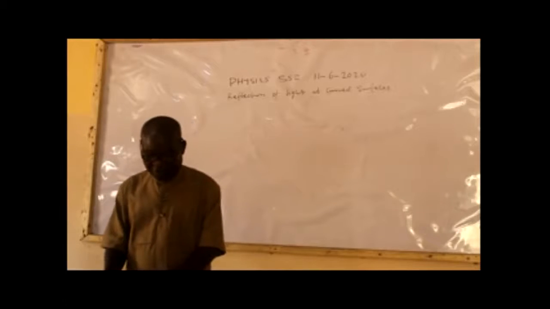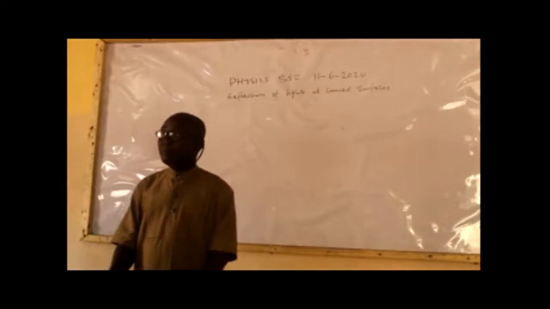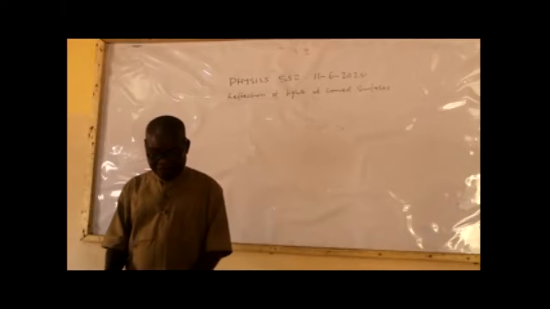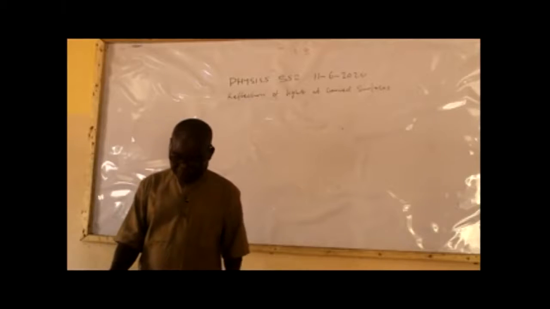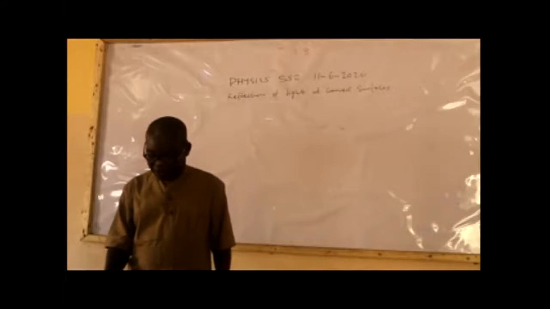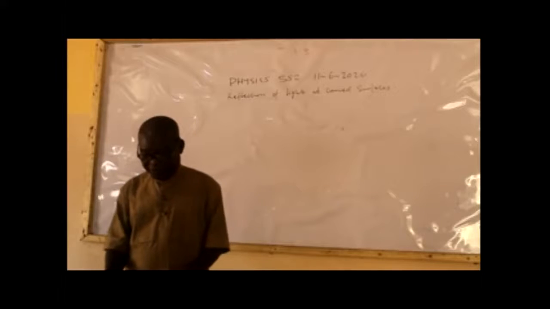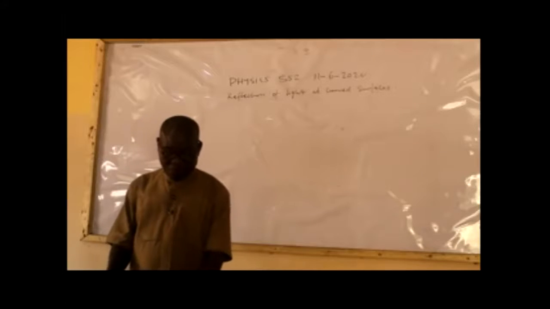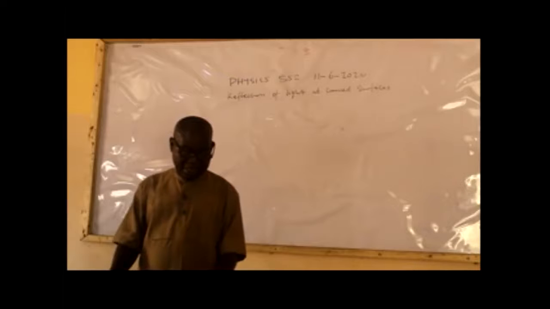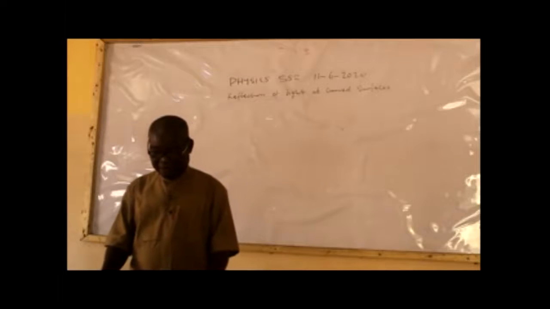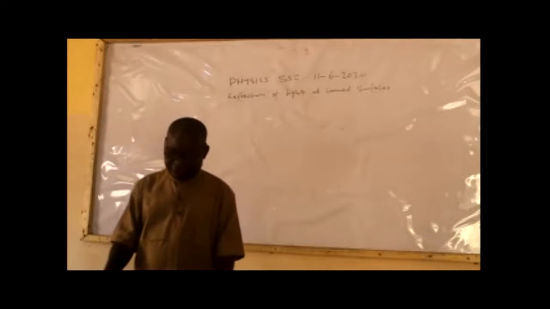In the case of convex, it has one particular type of image no matter the object position. Based on that, the convex mirror is used as a driving mirror. The concave mirror is able to produce a magnified image, so it is used as a shaving mirror.